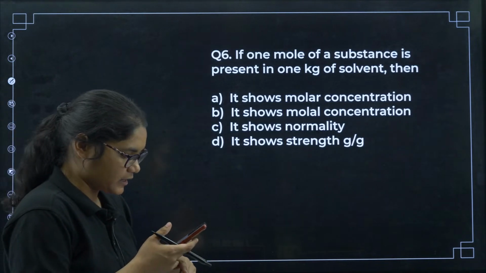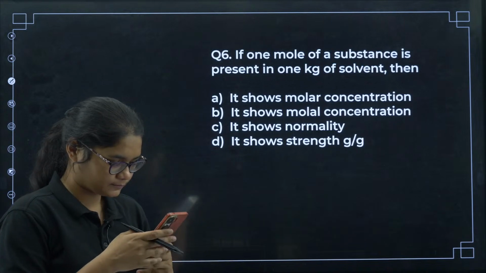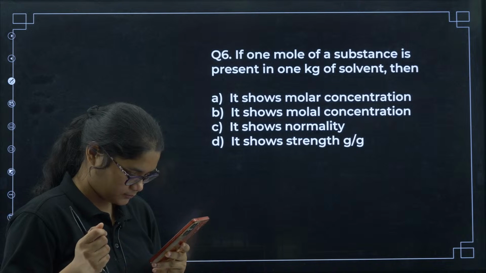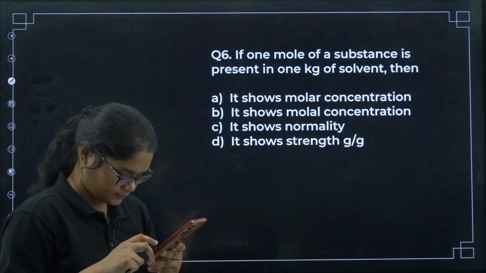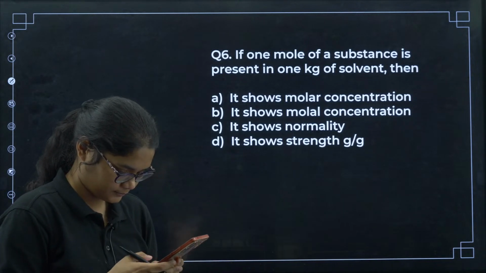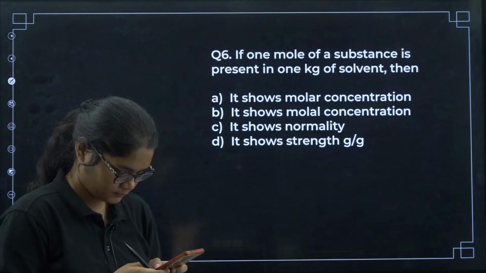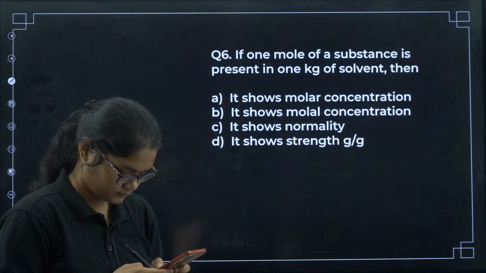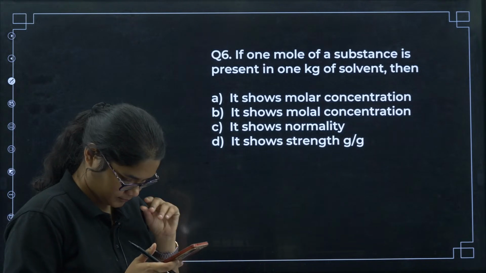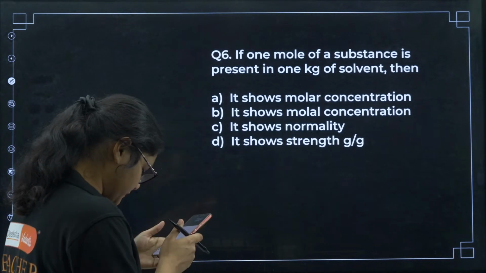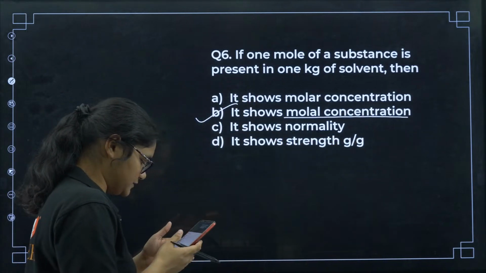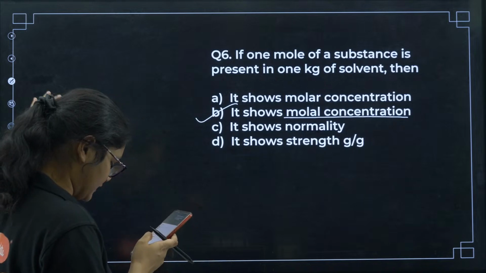So what is the correct answer for this one? Yes, 6B is the correct answer. It is a molar concentration, right? Option number B is the correct answer. Very direct and easy question.